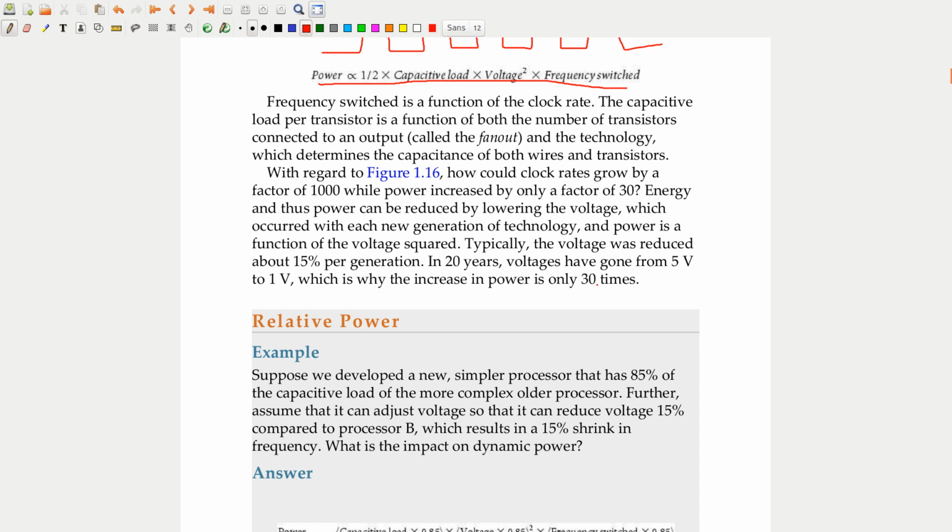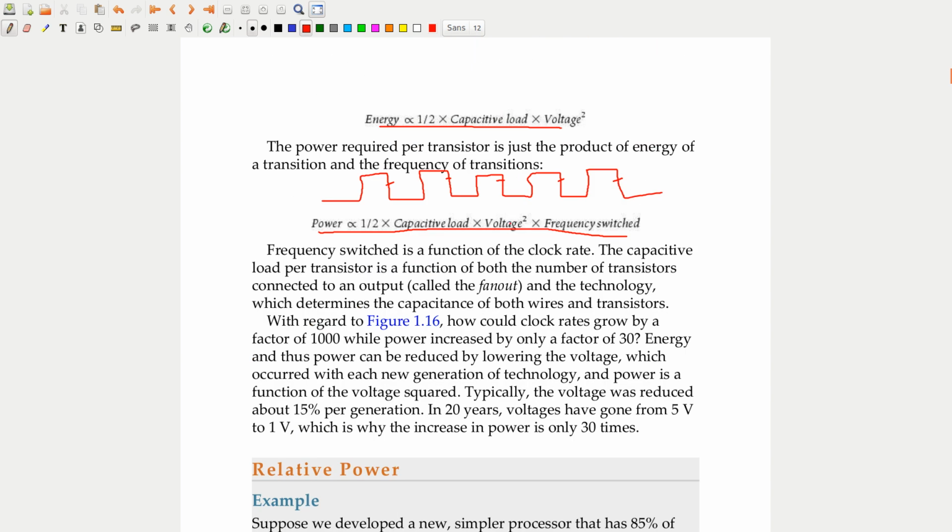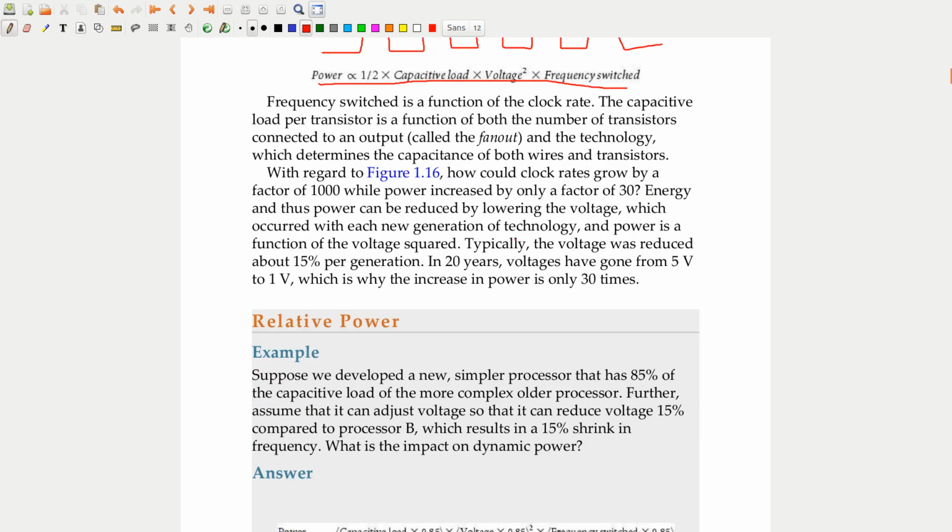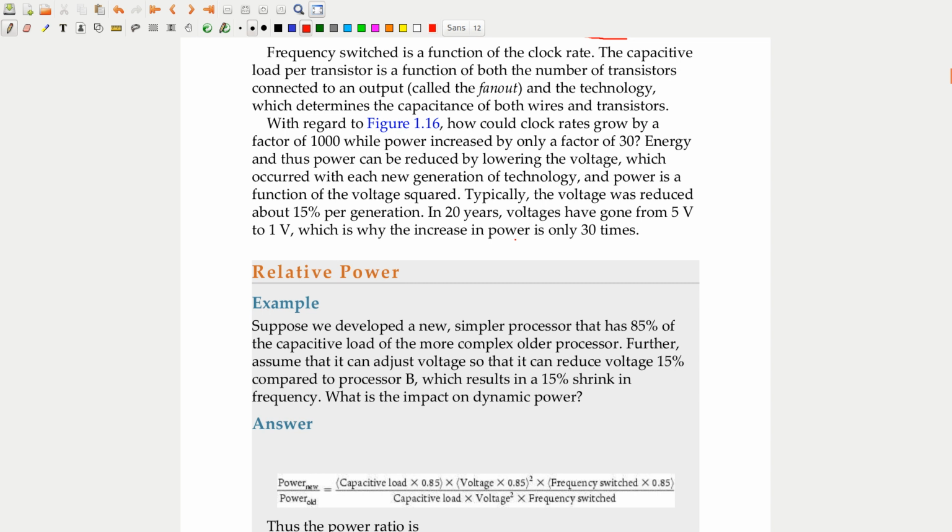Even though we did a lot of frequency scaling, we were able to switch only a single volt instead of 5 volts, which is really, really good for us. Because we notice here that we have this voltage squared term, so it's very, very good for us if we make that number very small.